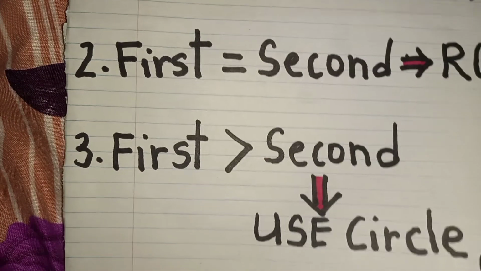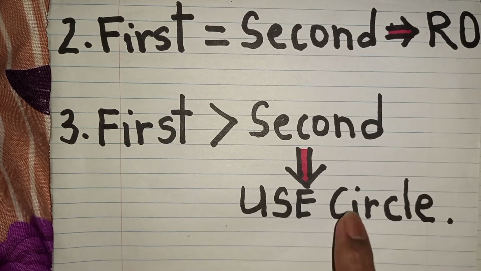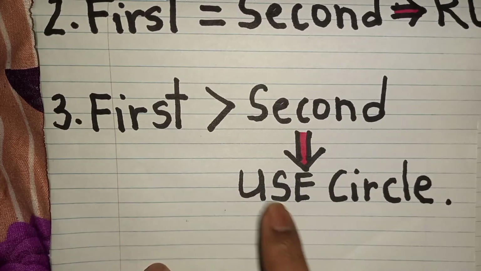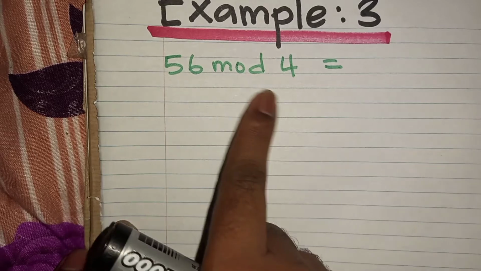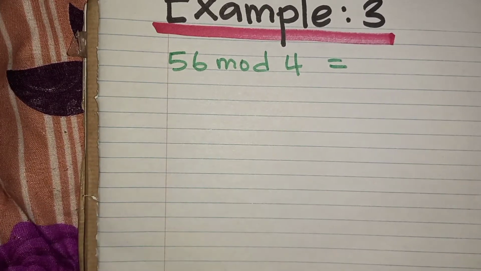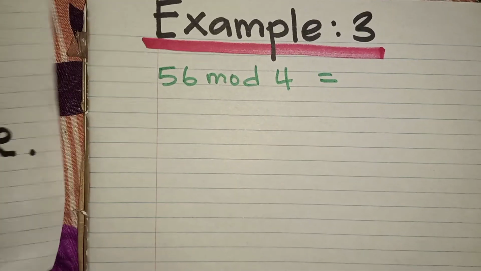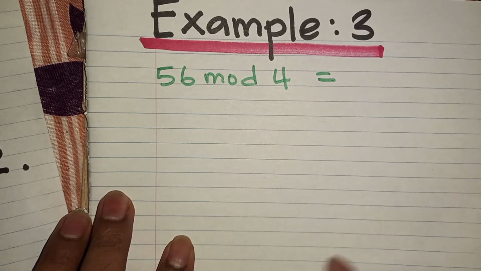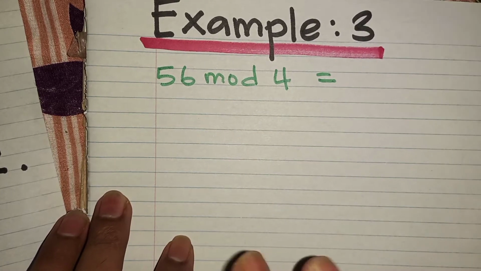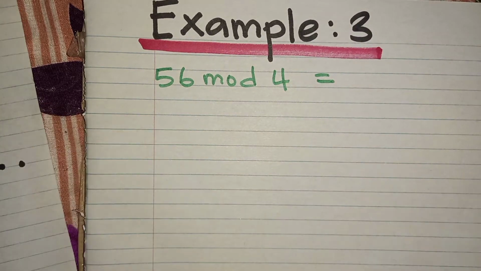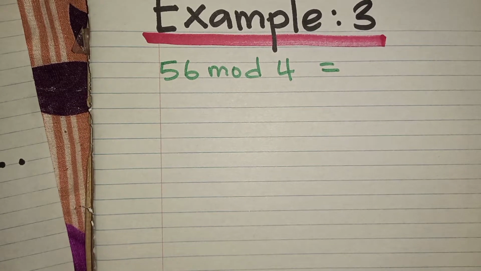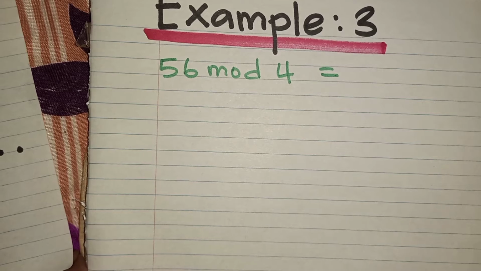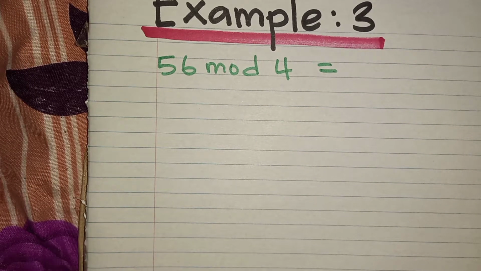The first number is greater than the second one, you can see 56 is greater than 4, so we would have to use the circle method. But if we have to draw the circle here, we have to write a lot of numbers outside, and we are going to fill the page, and it will be very messy, right? So it is very good that we use the division method, the long division one.